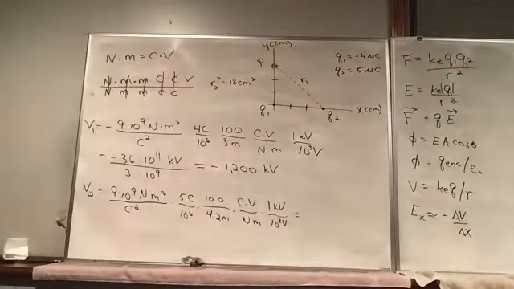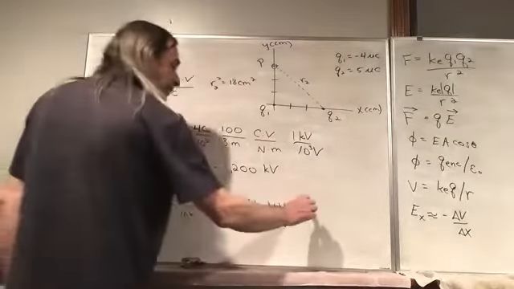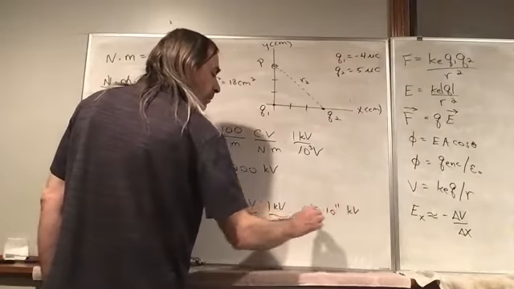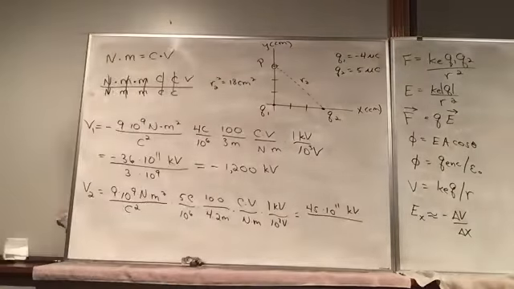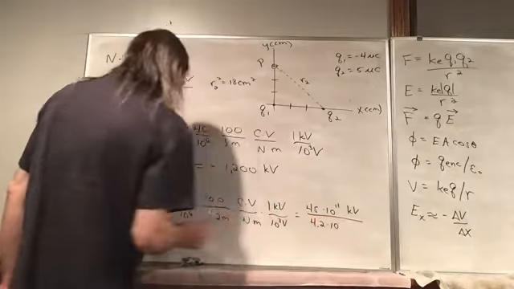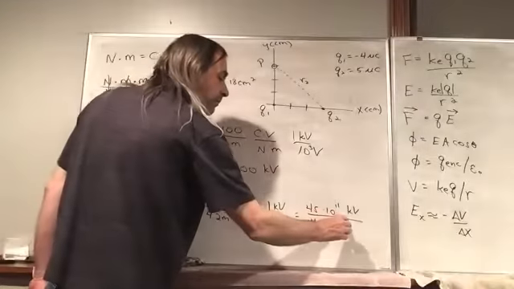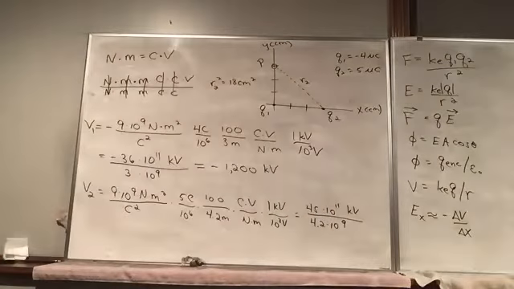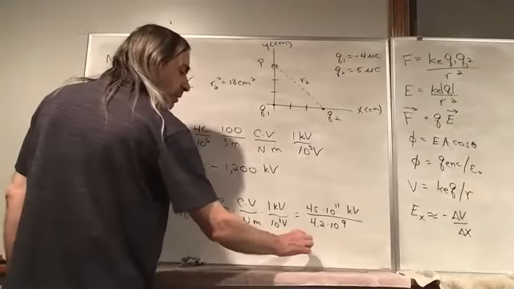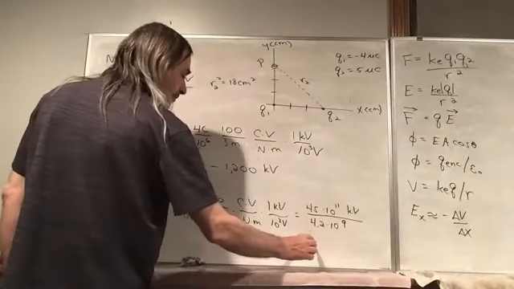So if we do this, 9 times 5 is 45, times 10 to the 11. On the bottom, we have 4.2 times 10 to the 9th. So 45 over 4.2, that'd be 10.7, so let's round that off to 11. And then times 100.